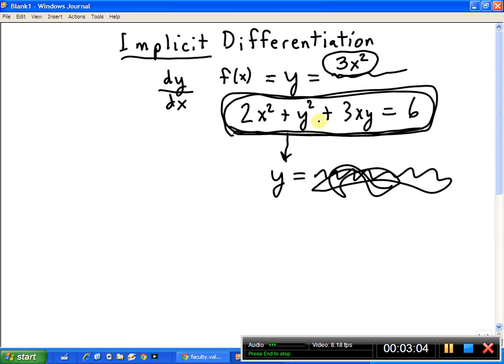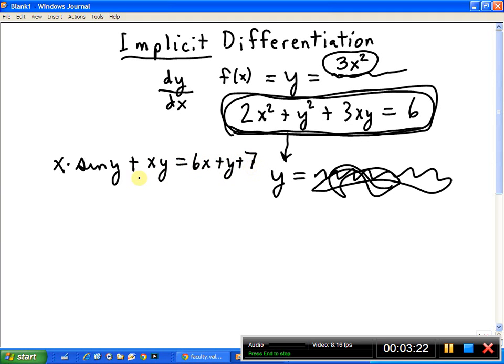You could have an equation like this: x times the sine of y plus xy equals 6x plus y plus 7.